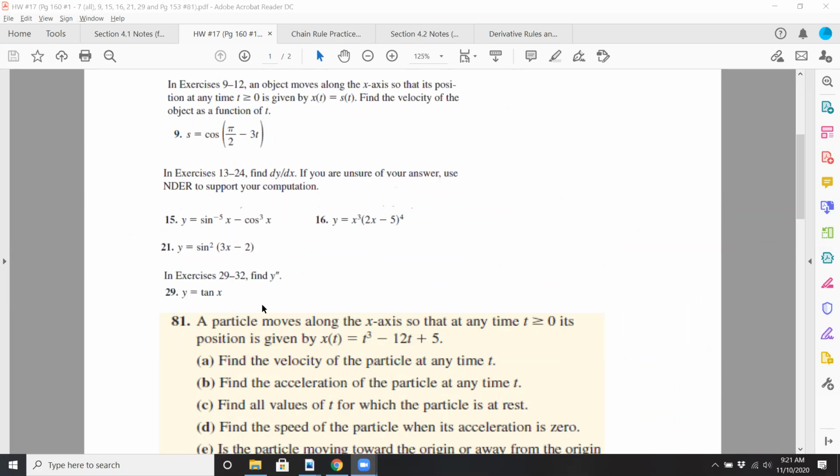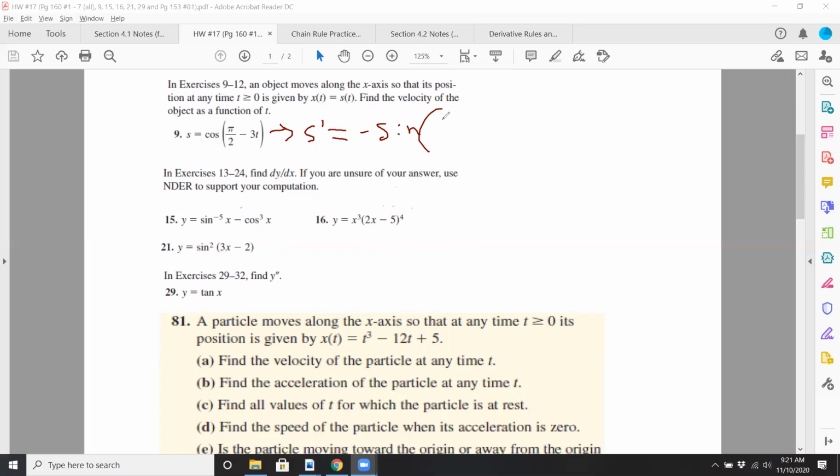9, 29, 81. So the answer for number 9 is, oh goodness, oh there it is, 3 sine. I'll just work it out. So S prime, they're using S instead of Y, not a big deal. S prime equals derivative of cosine, which is negative sine.